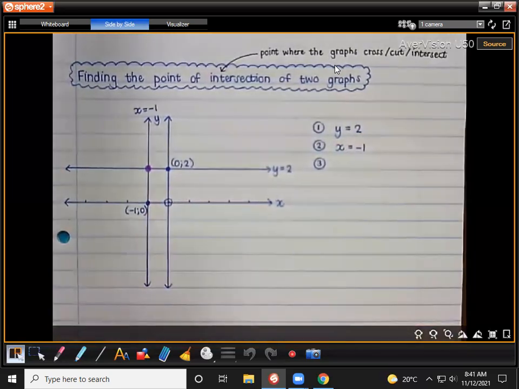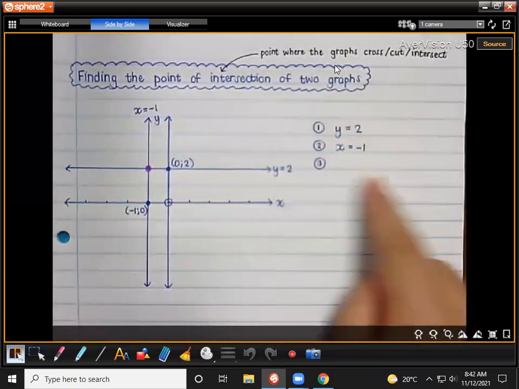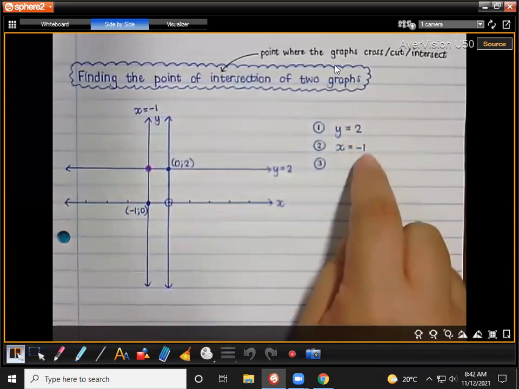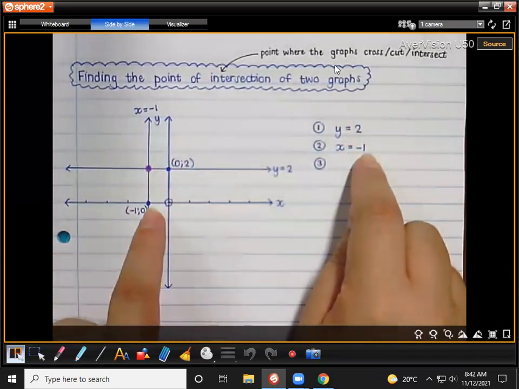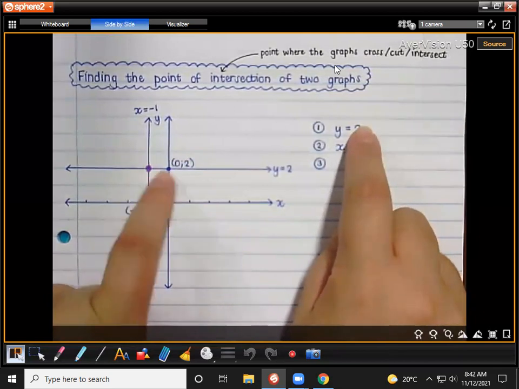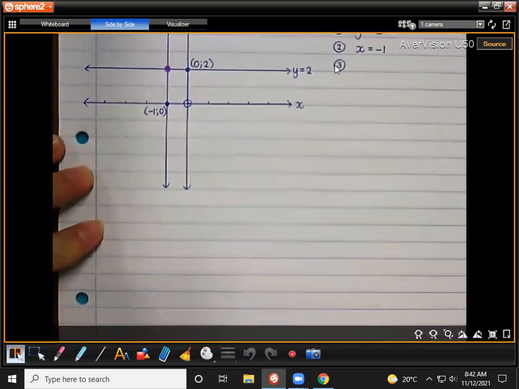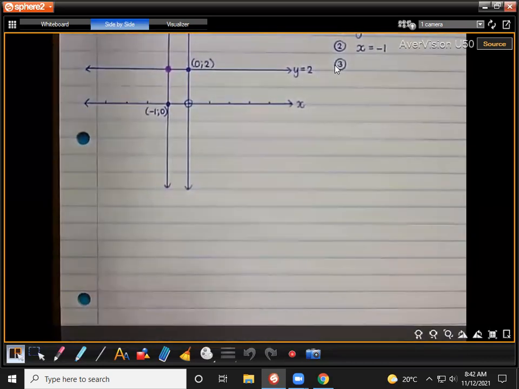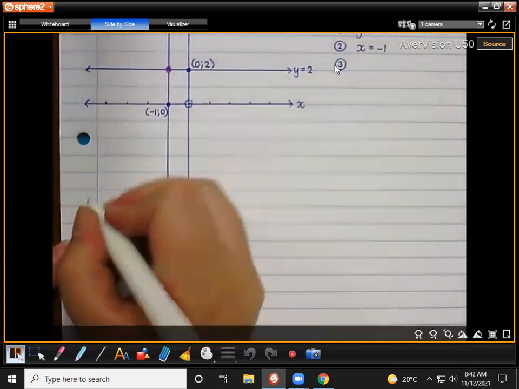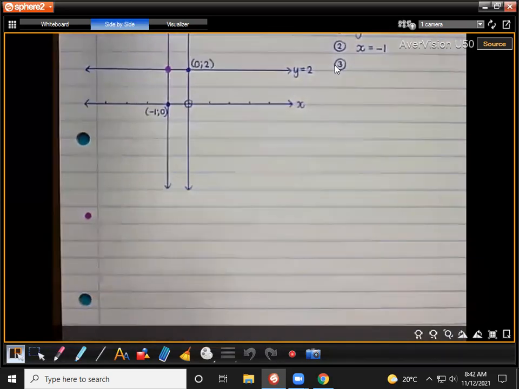All right, so the point of intersection of these two lines will be -1. We can see it there on the graph, and +2. Okay, so let's just write that here at the bottom. Let's do a pink dot so that we know that we are talking about that point.